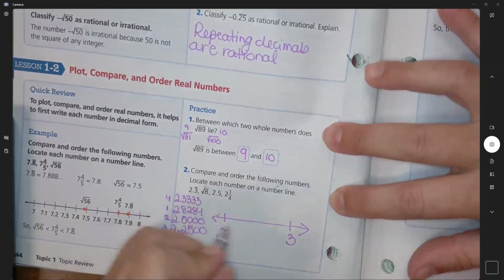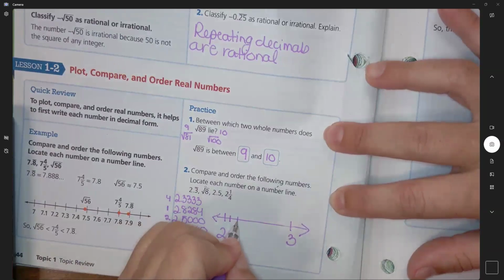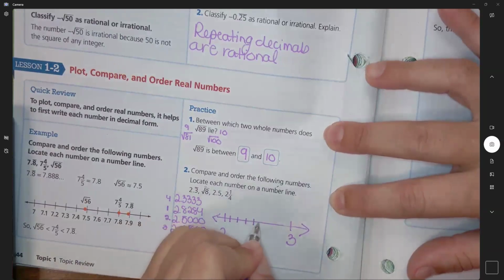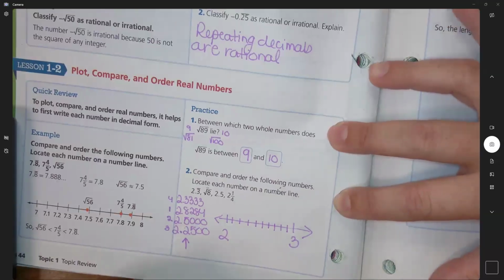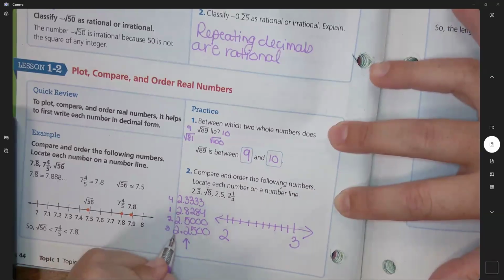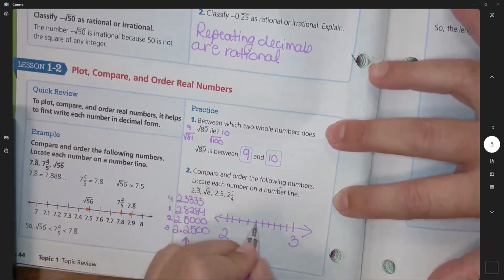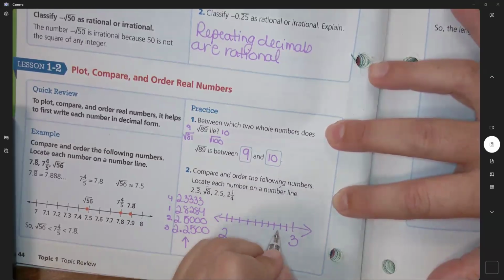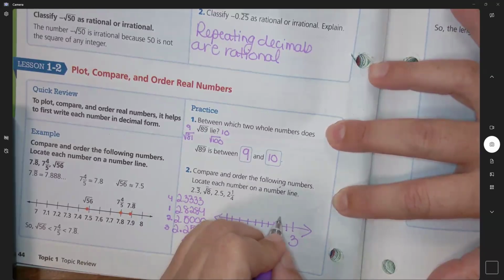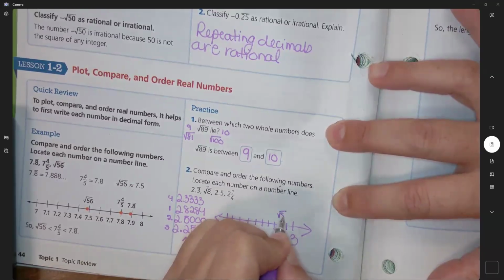Then you have 2.1, 2.2, 2.3, 2.4, 2.5, 2.6, 2.7, 2.8, 2.9, and then 3. 2.8 would be 1, 2, 3, 4, 5, 6, 7, 8, somewhere over here. That'd be the square root of 8.